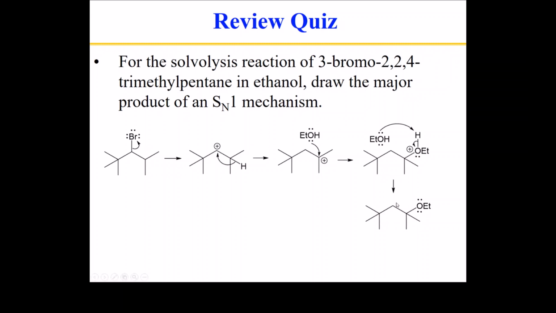The functional group that's found in this product is an ether, and we have not learned how to name ethers, so you can stop here with just the drawing of your final product. One of the themes we're going to see show up again today is the idea of what happens to the chiral center. So this carbon right here started off as a chiral center. The chirality is going to be partially scrambled just by the formation of the carbocation.